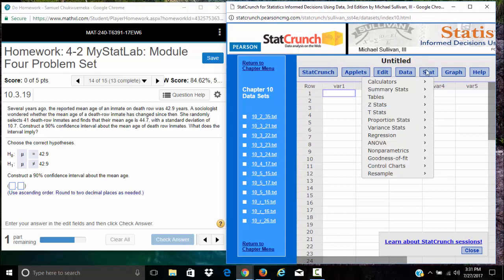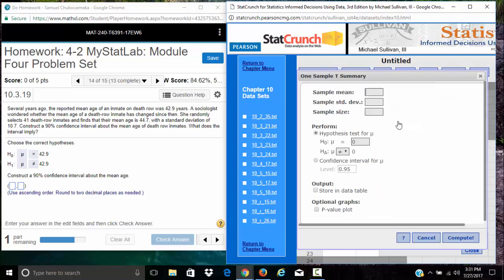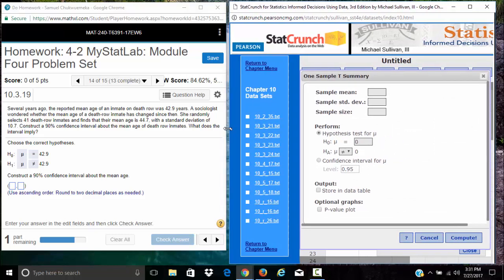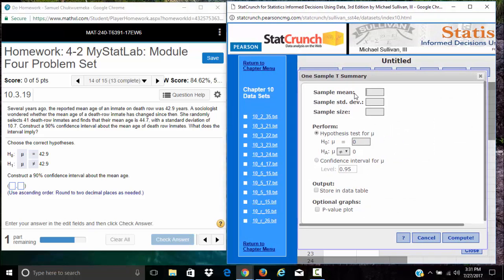Go to Stat, go to T-Stats, One sample with summary. The sample mean: she sampled 41 inmates and found the sample mean to be 44.7.